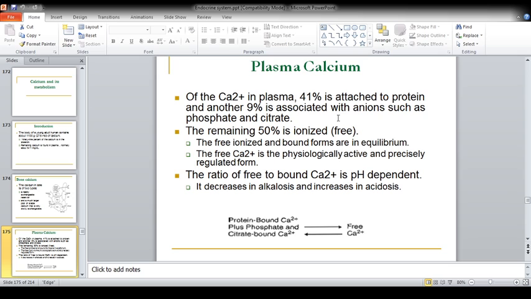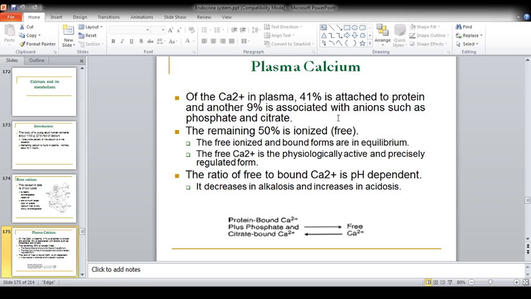The free ionized and bound forms of the calcium are in equilibrium. So there is 50% ionized, 50% bound, and they equalize each other.